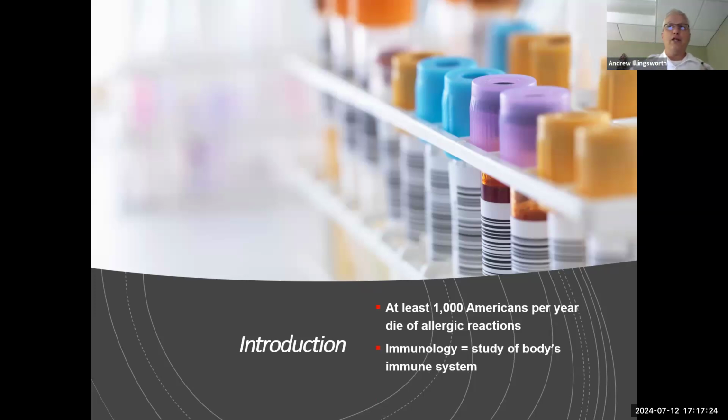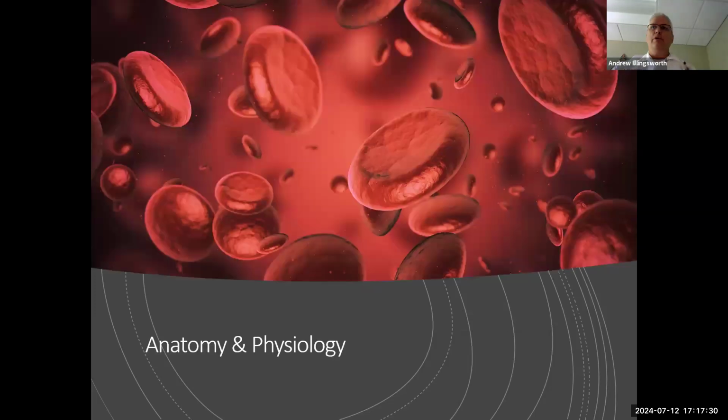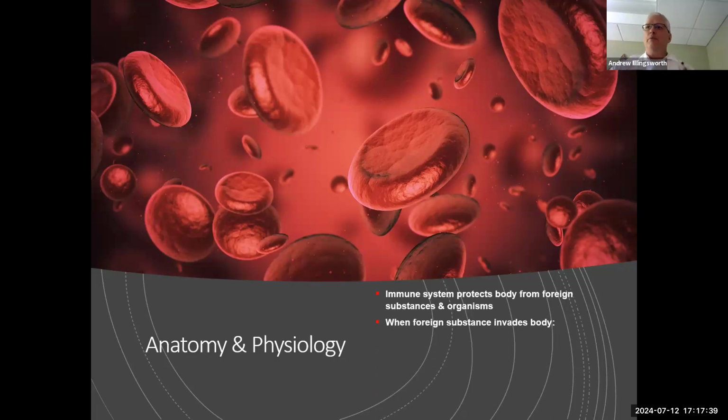A little terminology. Immunology is the study of the body's immune system. So let's review and talk about some anatomy and physiology, because the immune system protects the body against foreign substances and organisms. When foreign substances invade the body, it initiates a series of responses and inactivates the invader.